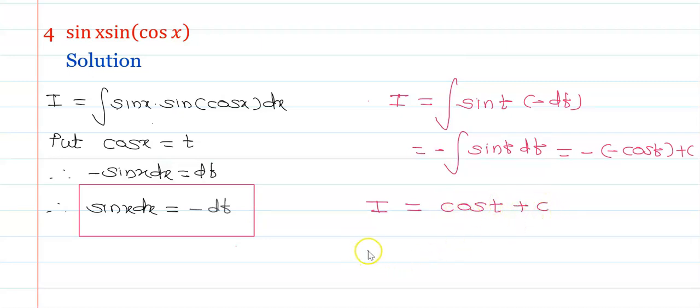Hence I is equal to cos of t, but what is t? t is cos x. Therefore the integral is cos of cos x plus c. This is the answer.